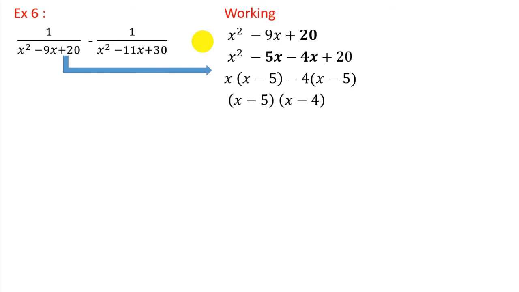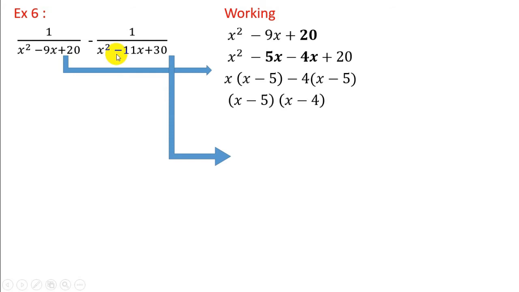As you see the binomial expressions, you should be able to find the two values, positive and negative, which satisfy the coefficient of x. So the factors I get are x minus 5 and x minus 4.